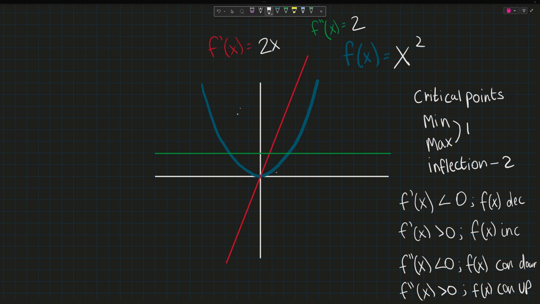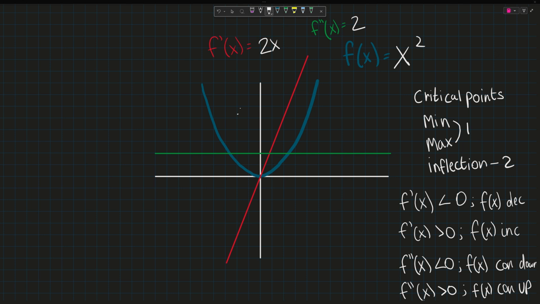Whenever f prime of x is less than 0, that means f of x is decreasing. If it's greater than 0, f of x is increasing. And whatever comes in between those two, when f prime of x is 0, that is your critical point. It could be a minimum or a maximum.